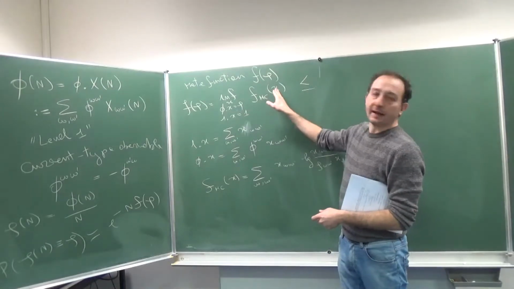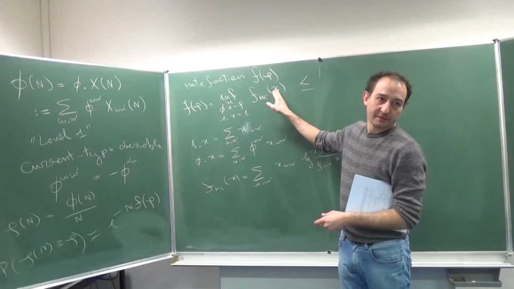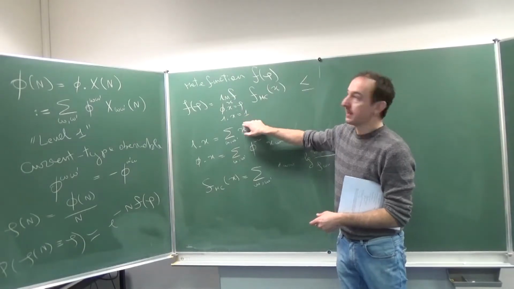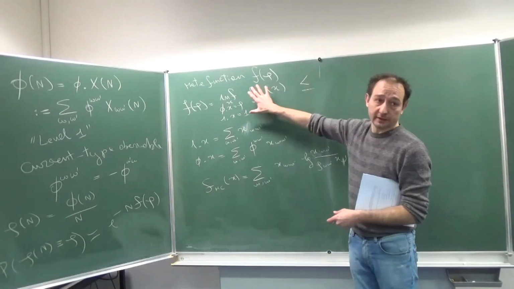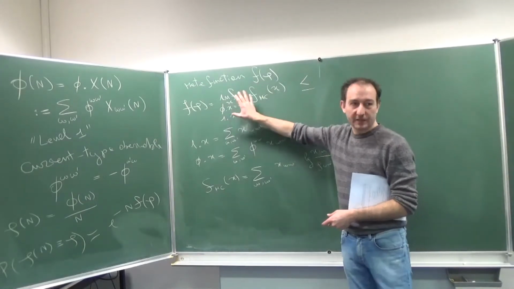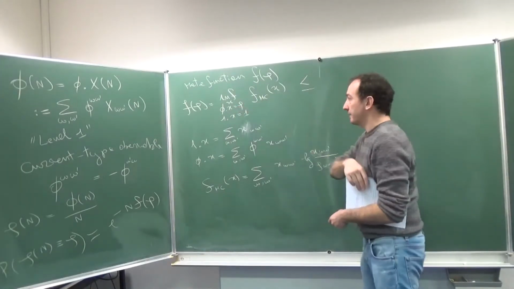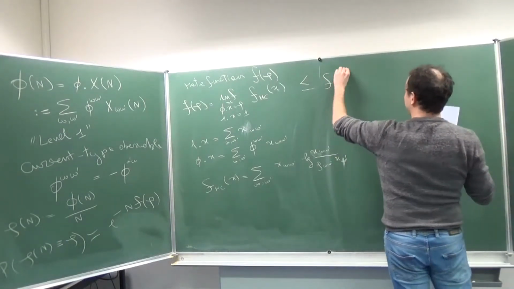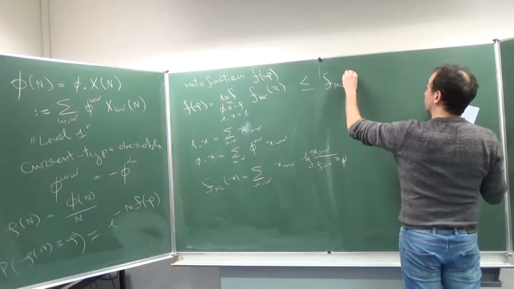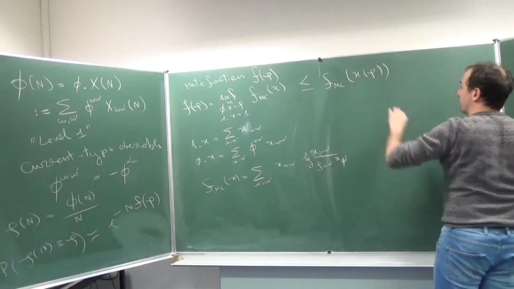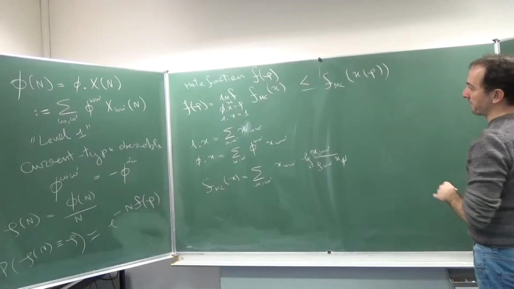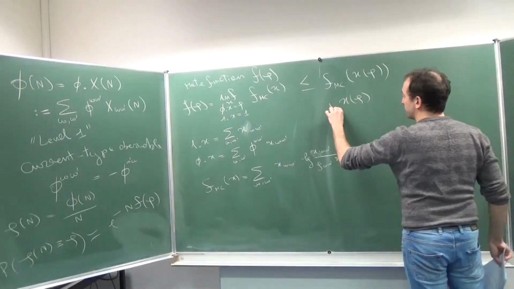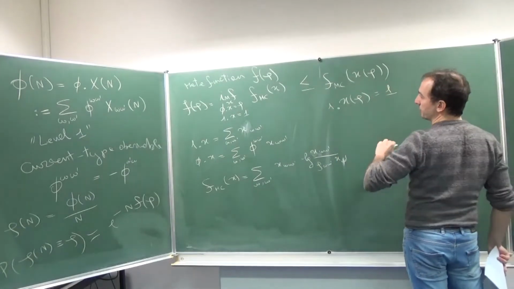I can just plug in any value of x, as far as it satisfies both constraints, and I know that what I get will be bigger than this, okay? Because this is an infimum. So I can just plug in some x of phi, where x of phi is such that it satisfies the two constraints.